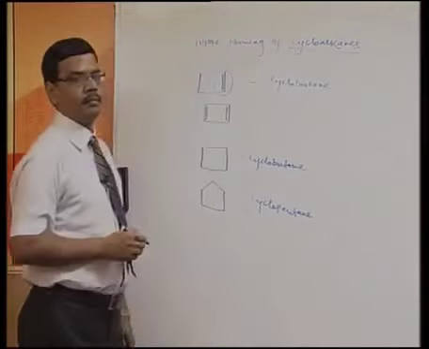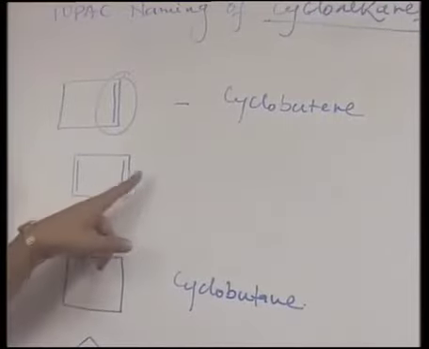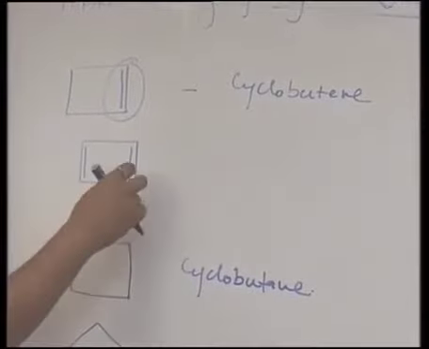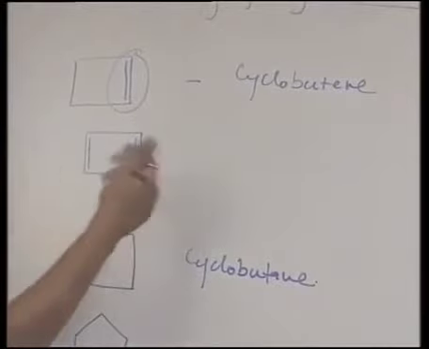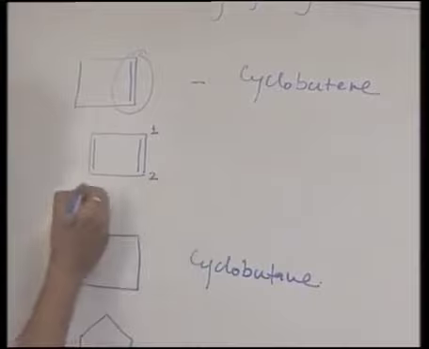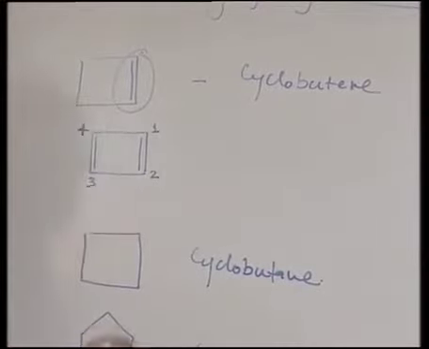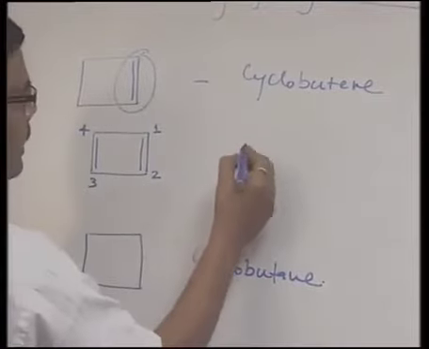If we write a compound like this, then we have to put the numbers of these double bonds. As it has 2 double bonds, we have to start numbering in such a way that these double bonds get the least numbers. So we can start numbering from this side 1, 2, 3 and then 4. As it has 4 carbons in a cyclic structure, its name will be written like this.